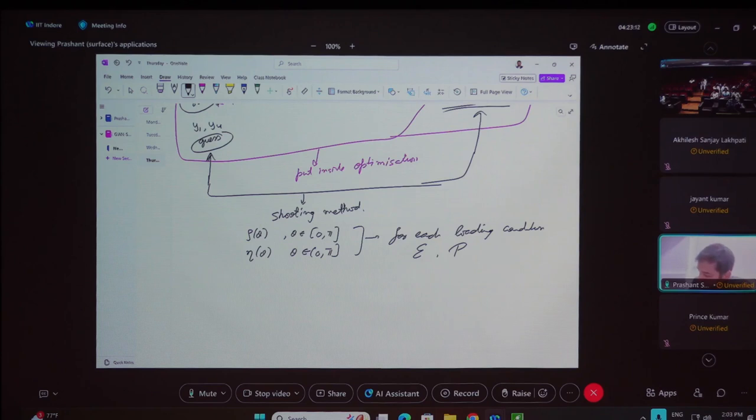So you can plot, if you remember the plot, you can open up the paper and see what the plot basically looks like.